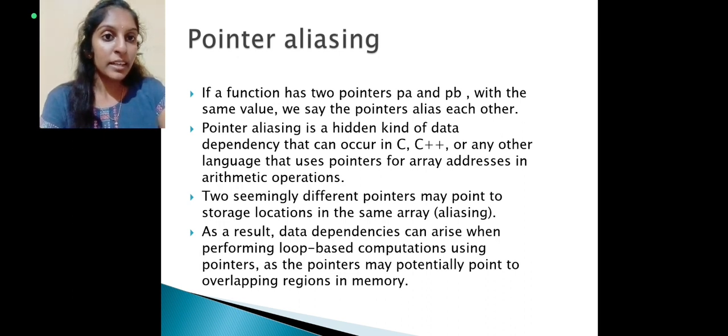Two seemingly different pointers may point to storage locations in the same array. As a result, data dependencies can arise when performing loop based computations using pointers, as the pointers may potentially point to overlapping regions in memory.